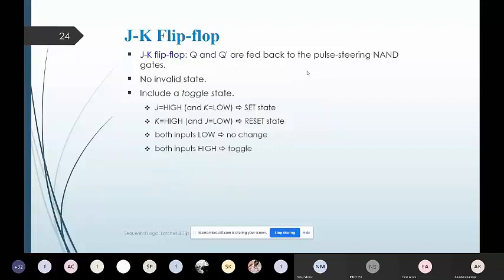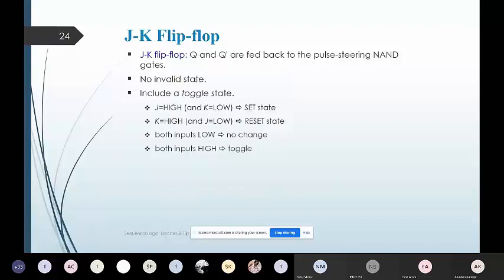Only what is going to change is, in the SR flip-flop the inputs were S and R, while here the inputs will be J and K. In this case, we are not having the invalid state present. That is the basic difference between the SR flip-flop and the JK flip-flop.